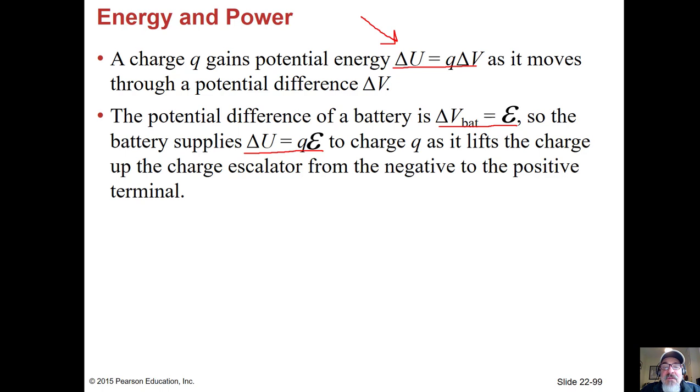Okay, so that's to lift up a positive charge from the negative side of the battery to the positive side of the battery, just like the ski lift analogy. That's how much energy that we have stored. We're at the top of the ski lift. We can do something now.